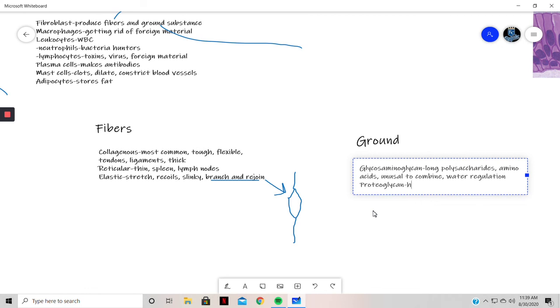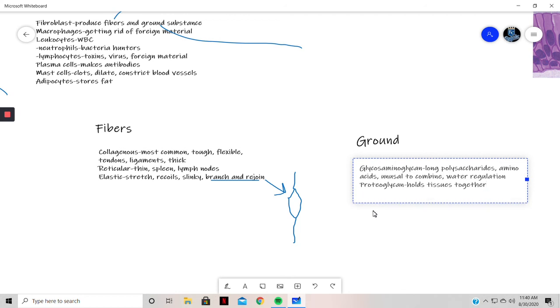But this particular substance holds tissues together. Okay, so all those layers of tissue from the stratified and whatever combination, now these proteoglycans are going to be holding all that tissue together.